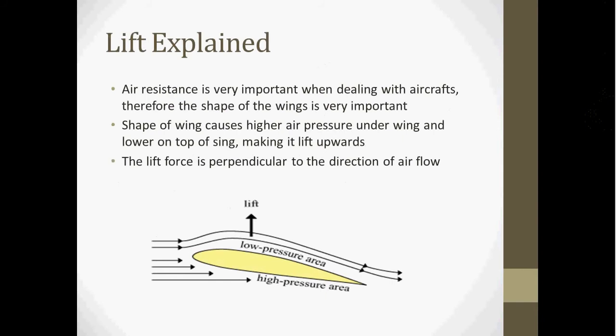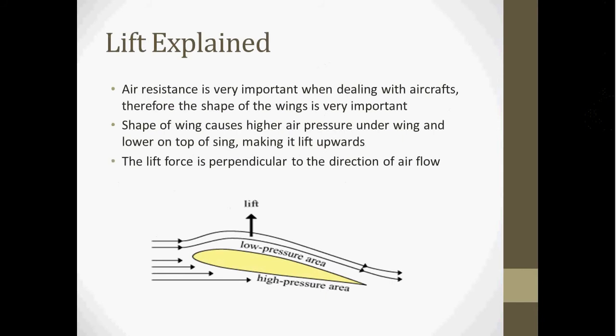We are also going to explain to you how lift works. Air resistance is really important when you deal with aircraft. The shape of the wing on the plane is very important to how it flies. The shape of the wing causes the air pressure on top of the wing to be lower than that on the bottom, because the air has to travel a further distance when it goes around the wing.